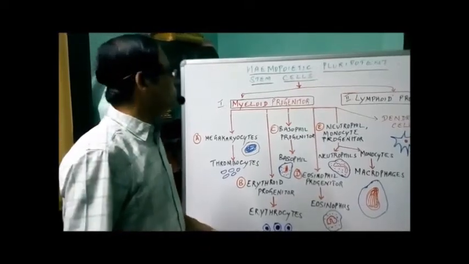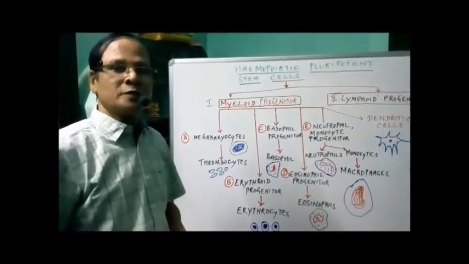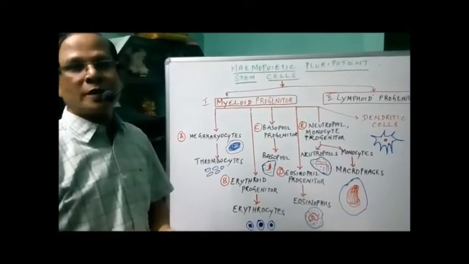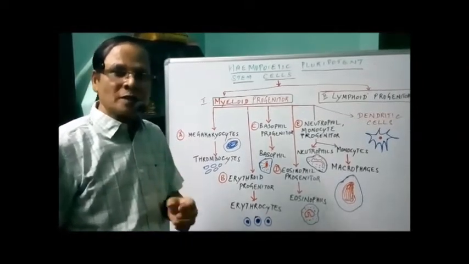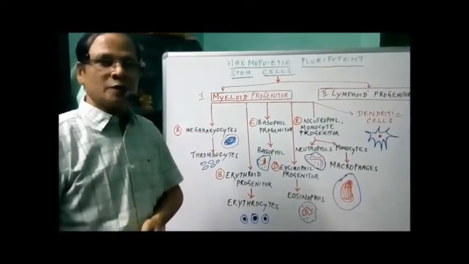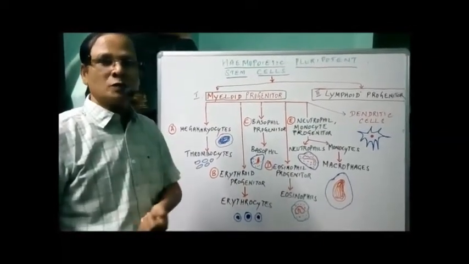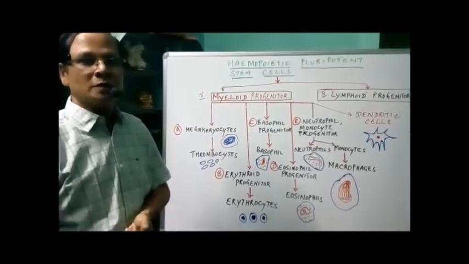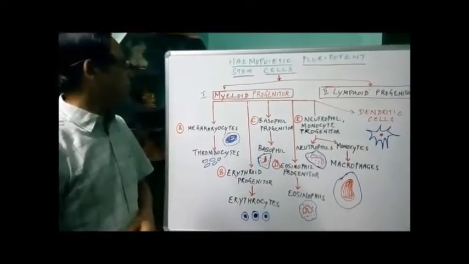I already mentioned the stem cells. There are two types of stem cells, embryonic stem cells and adult stem cells. Both these cells have the property of undergoing division repeatedly. That's why stem cell technology is now being used in applications of biotechnology for the production of any organ or even the organism.